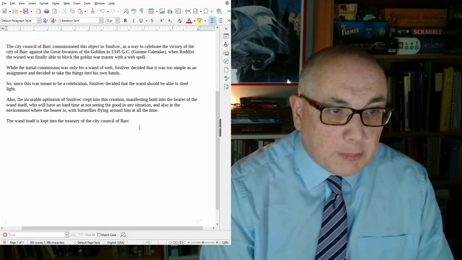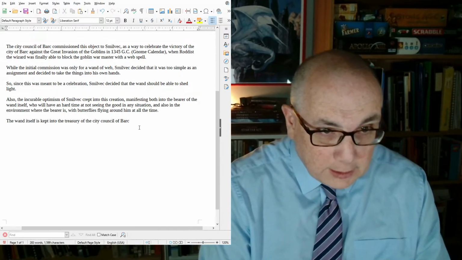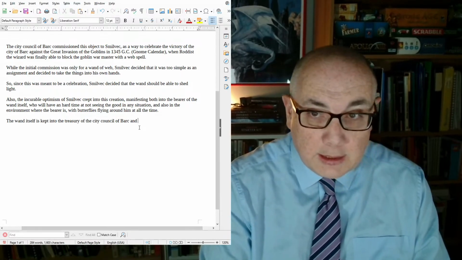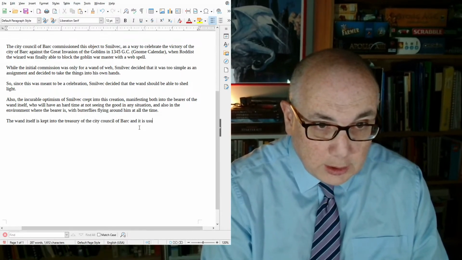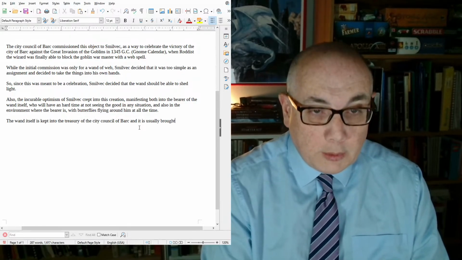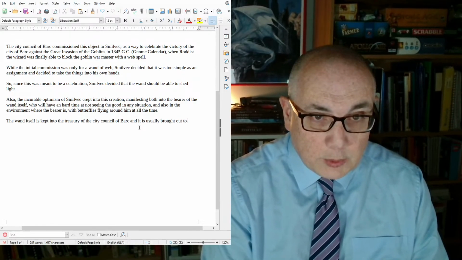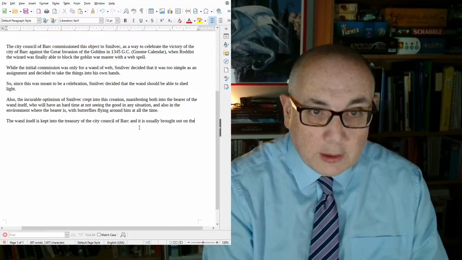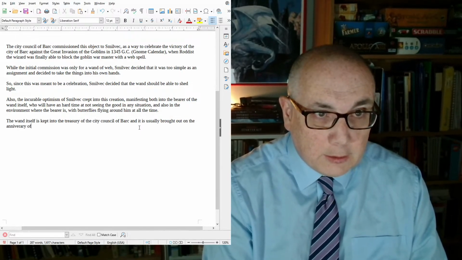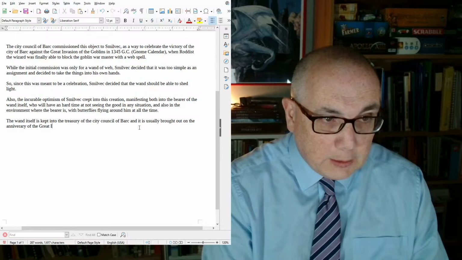The wand is usually brought out to celebrate on the anniversary of the Great Invasion.